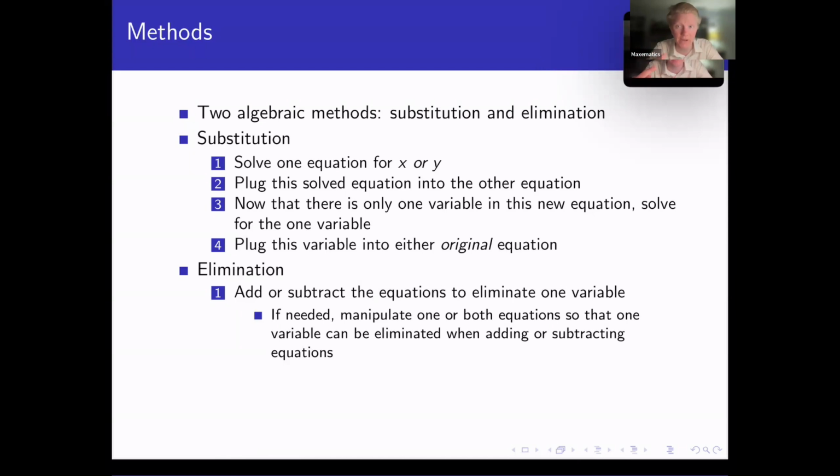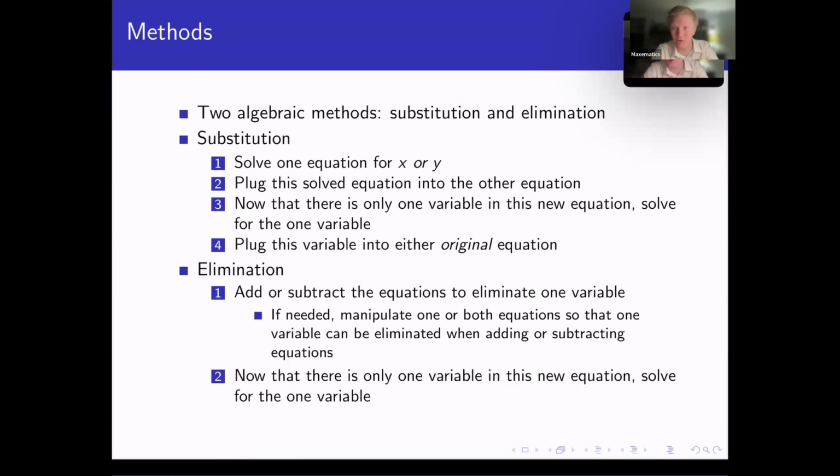So what you might want to do instead is manipulate the equations, multiply by some type of constant, so that when you go to eliminate, one of the variables actually eliminates. Well, once you eliminate x or y, now you can solve for the other variable that you did not eliminate.